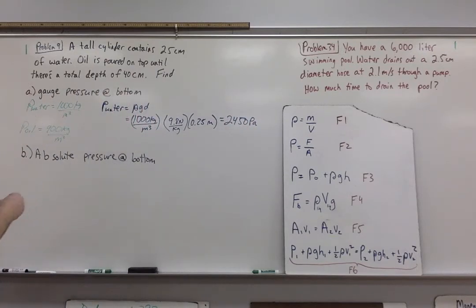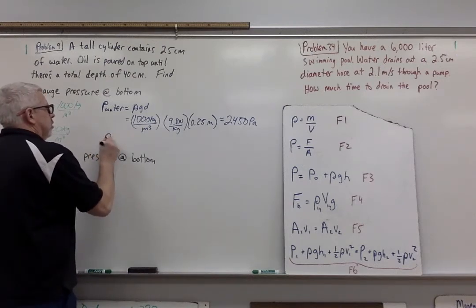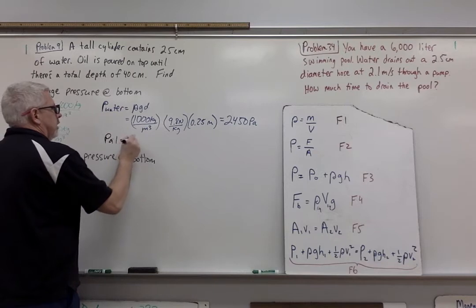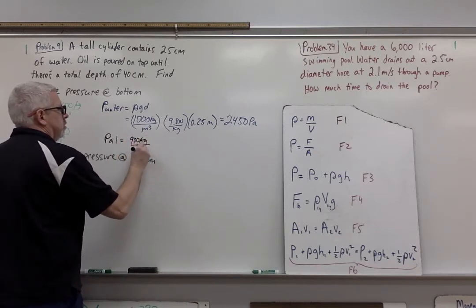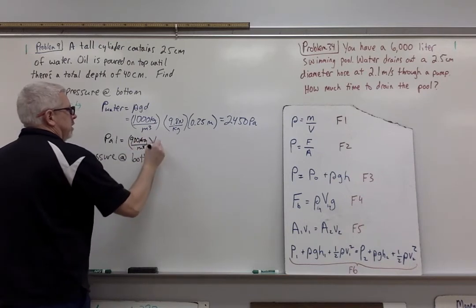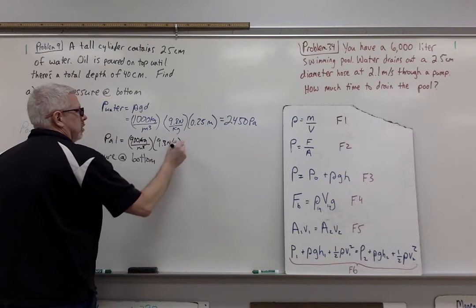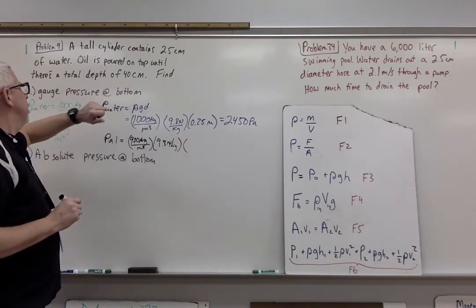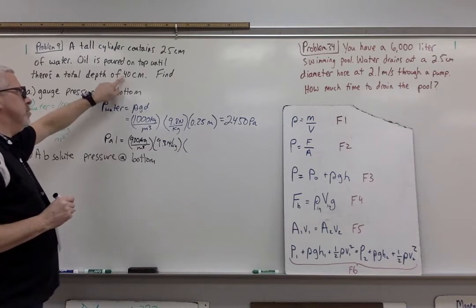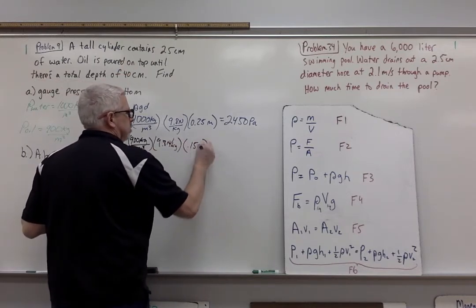So we go back and do the same thing for oil. 900 kilograms per cubic meter multiplied by 9.8 newtons per kilogram multiplied by a depth of not 0.4 meters, but the total depth is 0.4 meters, so 0.4 minus 0.25 would be 0.15 meters.